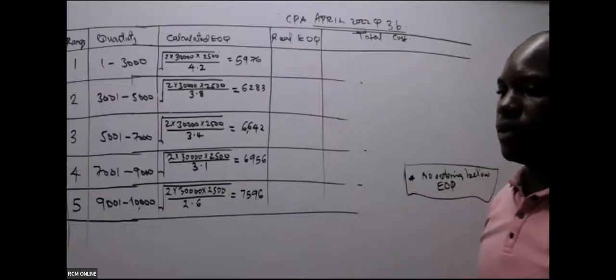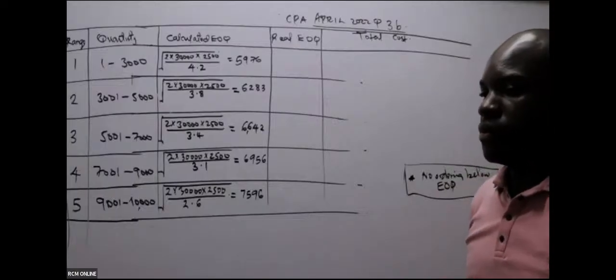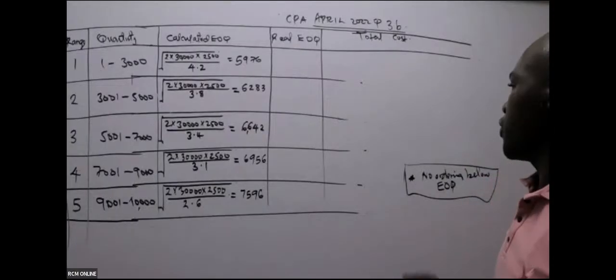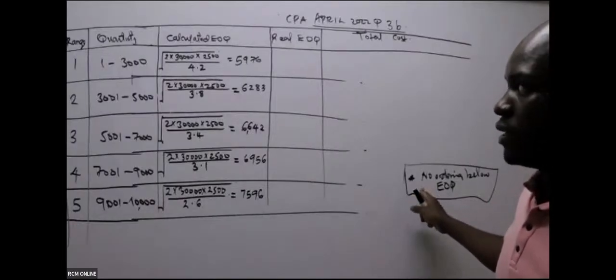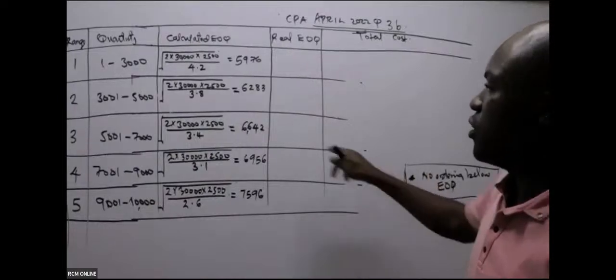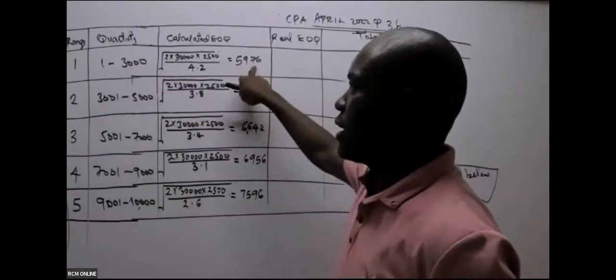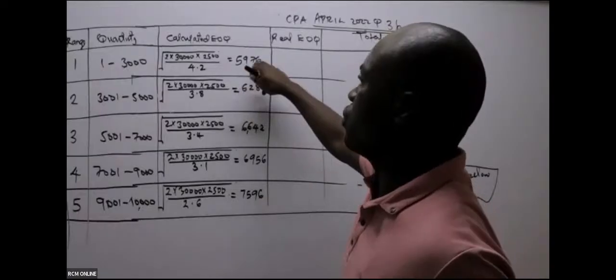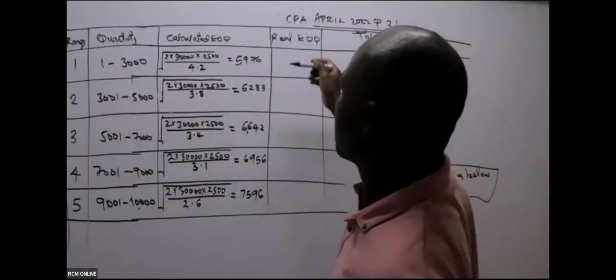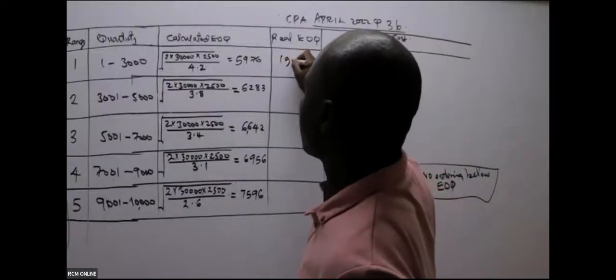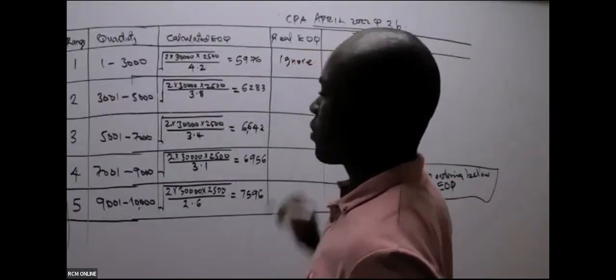You will not, right? Because this rule will prevent you from ordering anything within that range. This range is below the calculated economic order quantity. So you're not going to be calculating anything there. So ignore.